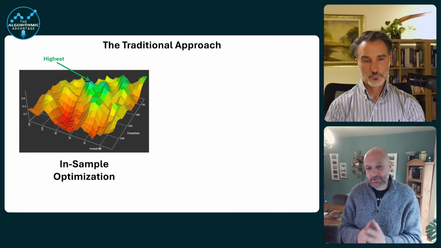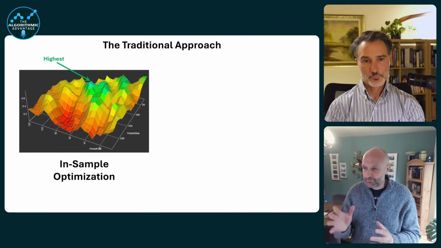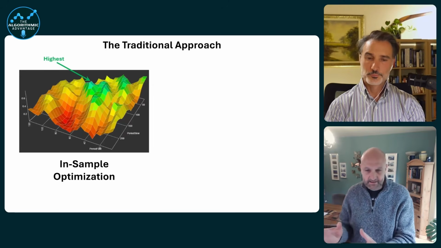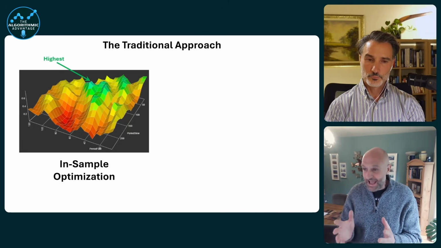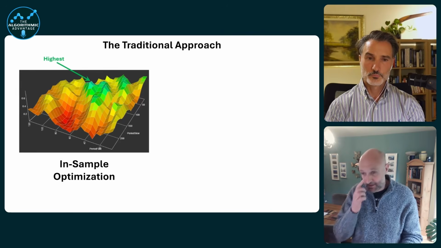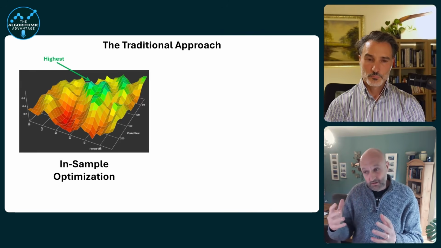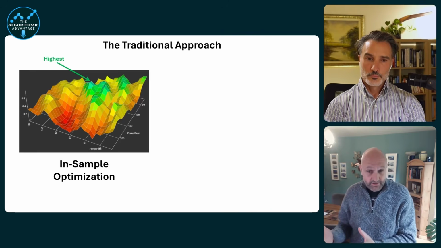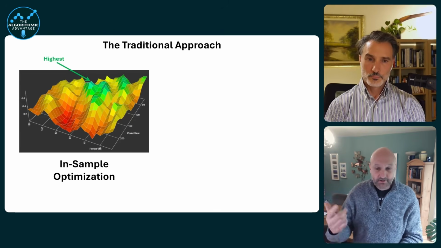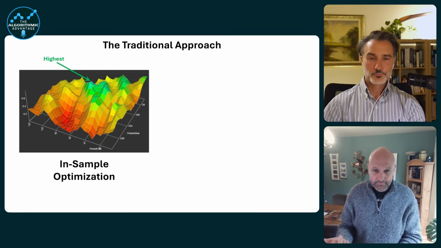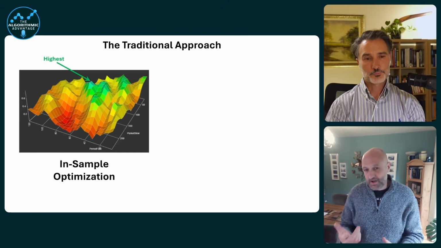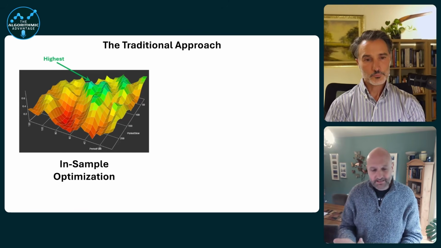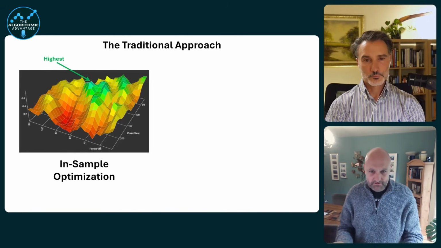You will make some kind of judgment from that data about what the most robust area of the surface is. What a lot of novice traders would do is just choose the highest value. That can be dangerous because the highest value isn't necessarily the most robust value.